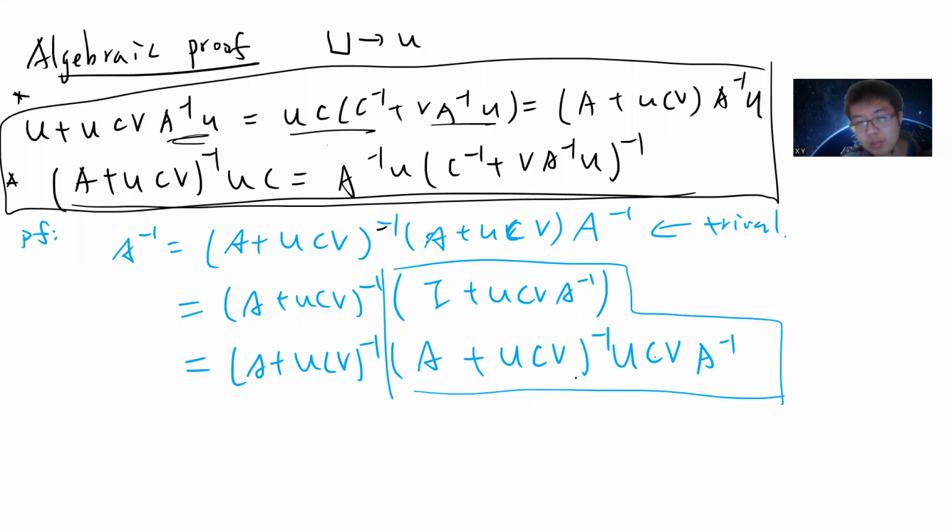The proof idea is still cross multiplication, but using the previous identity. If you multiply this to the left hand side, you can see this.